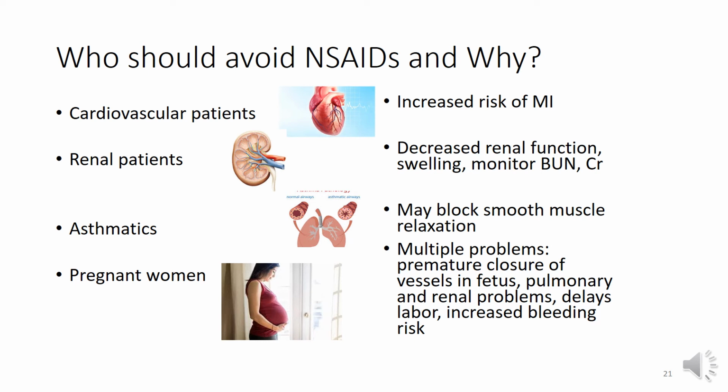Cardiovascular patients should not take NSAIDs, but almost all cardiovascular patients are recommended to take an aspirin, which is an NSAID. Why? Remember, we said that the prostaglandin thromboxane stimulates the formation of blood clots, and prostacyclin has the opposite effect by reducing blood clots. Well, aspirin works to block thromboxane, effectively blocking the blood clotting effects of that particular prostaglandin.